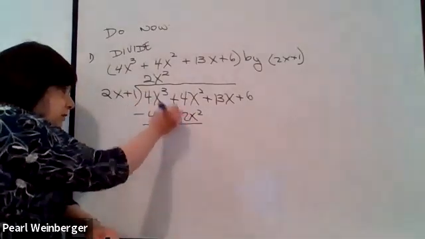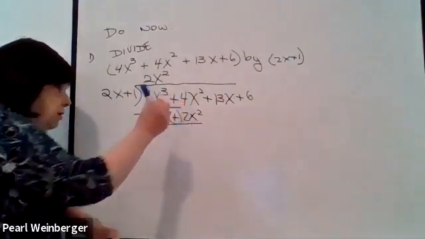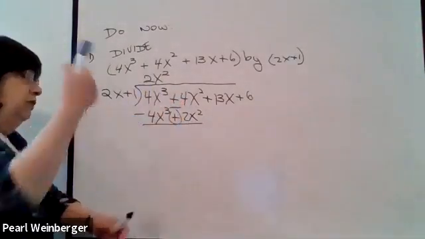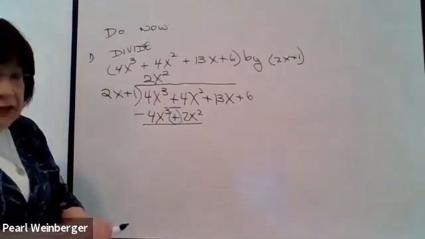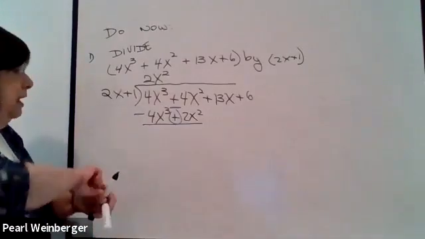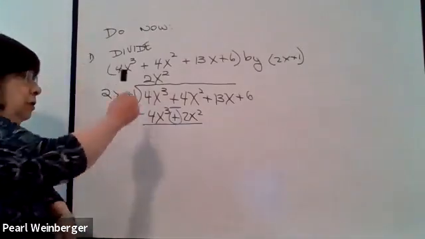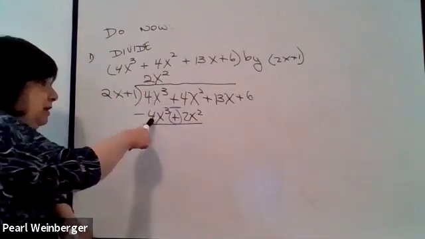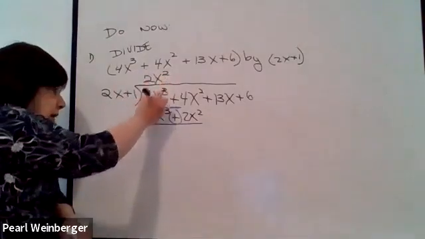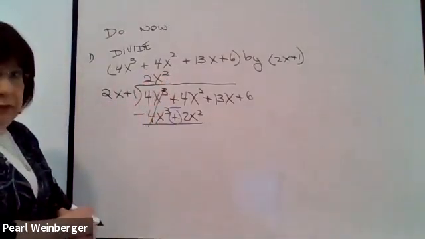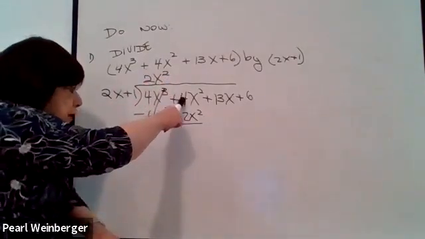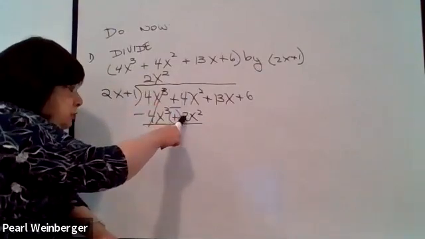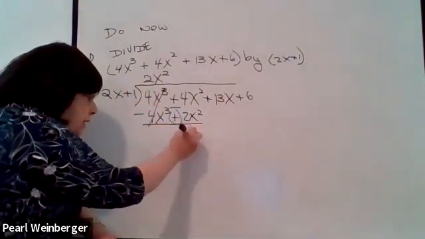This is a positive, I'm going to change it to a negative as well. If this would have been negative, I would have made it positive. I changed the sign, and then I just combine down. So here I have a 4x cubed and a negative 4x cubed. Obviously that gets canceled out. Then I do 4x squared minus 2x squared, which gives me 2x squared.